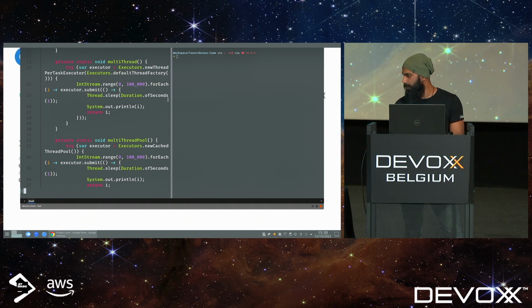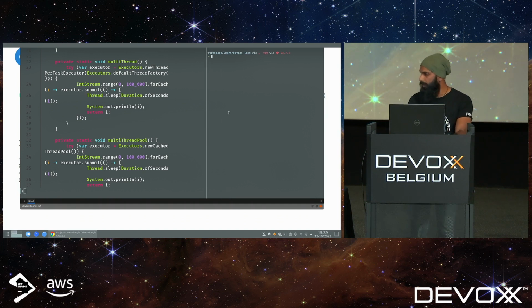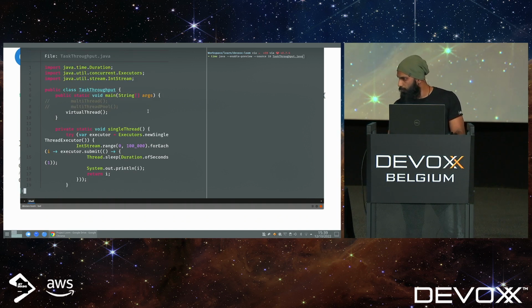That is the sample that I had there. So it's creating 100,000 tasks, and each is going to sleep for 1 second. So let's try with time. Task throughput. Oh, I hope I have the right one.